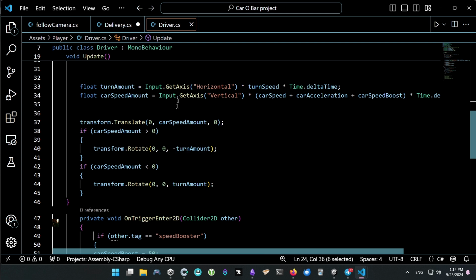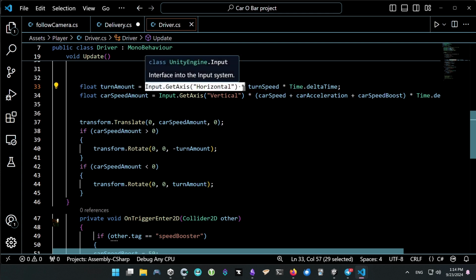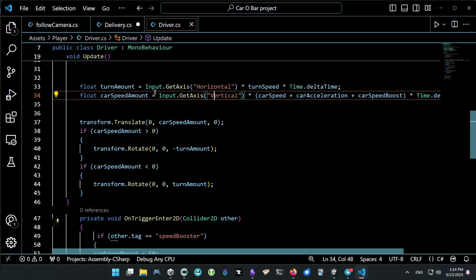And as I told you, I'm at week 2 right now and I can't remember what I did in most parts. But this is horizontal for turn speed, and this is time delta.